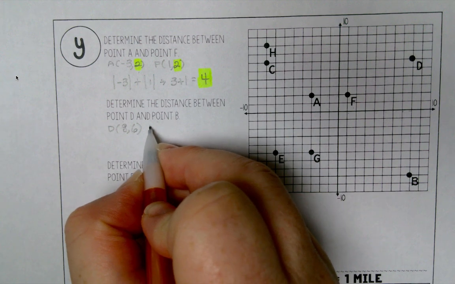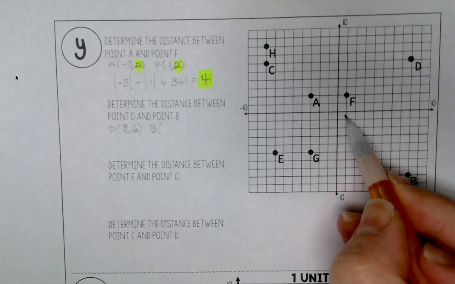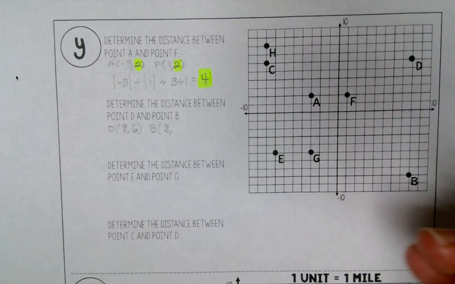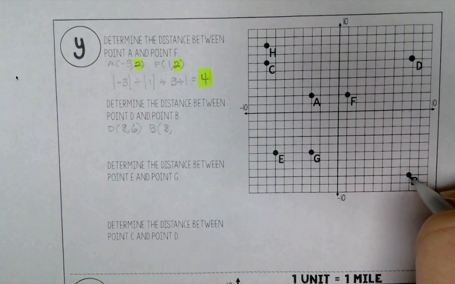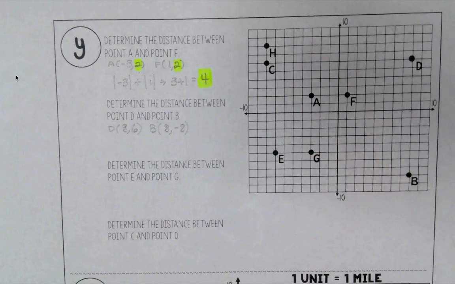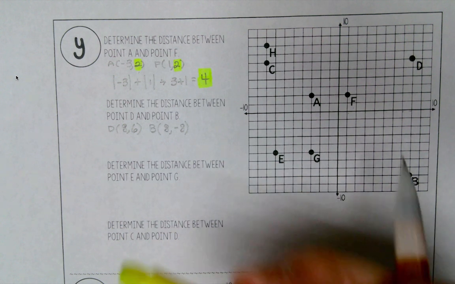D and B. So for B we're going to go positive 8, comma, negative 8. Okay, so already we see they're in different quadrants. Different means what? Different means add. Okay, what is the same?